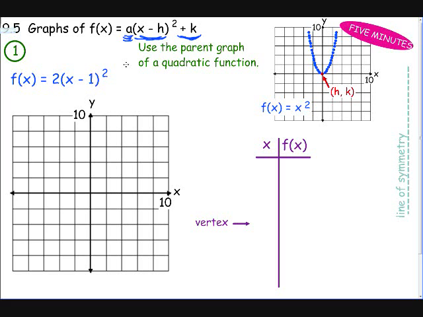So let's play around with this. This is something that I skipped by. This is when we have a multiplier here, what happens? Well, my vertex, I know what my h is, right? H equals a positive 1. K equals 0.